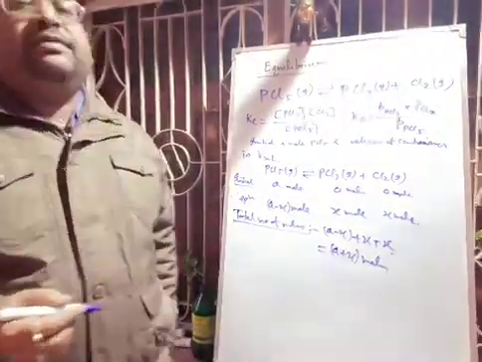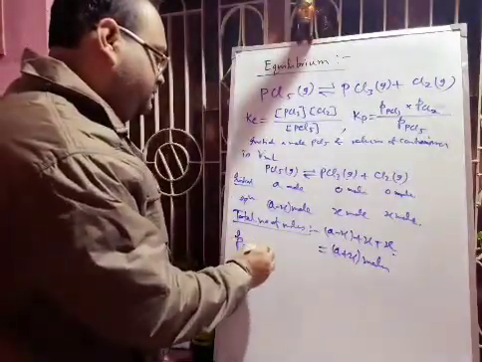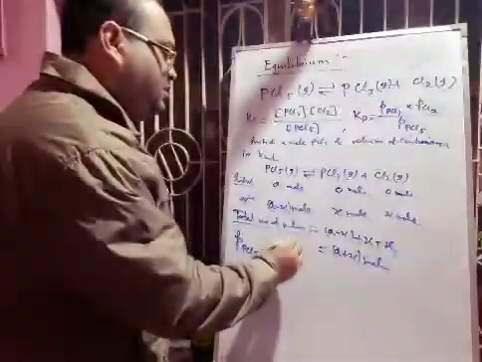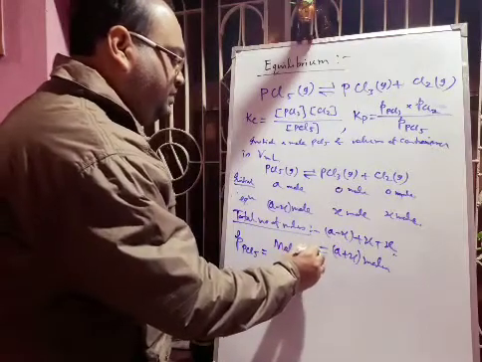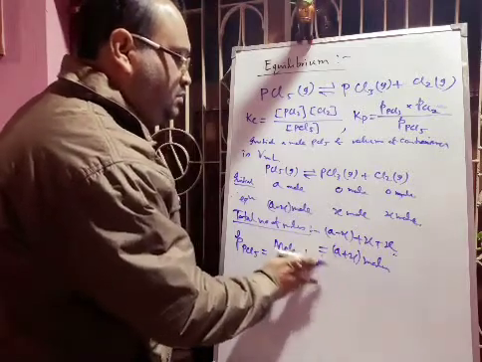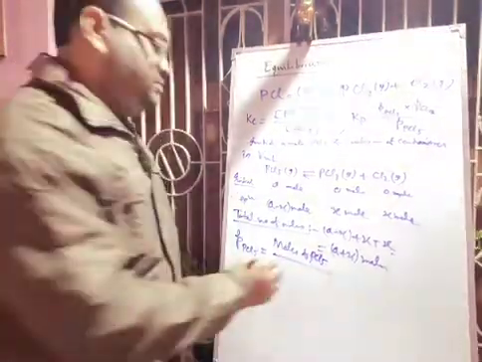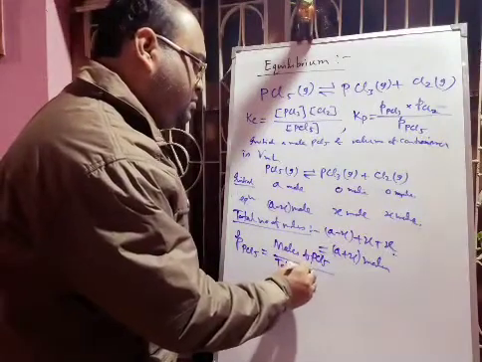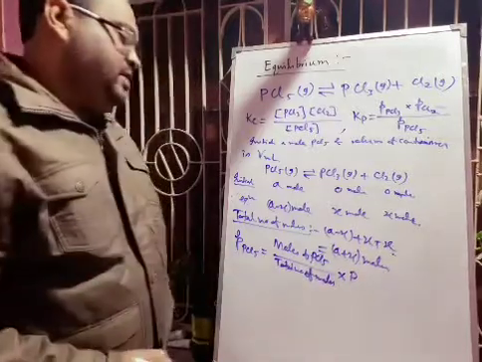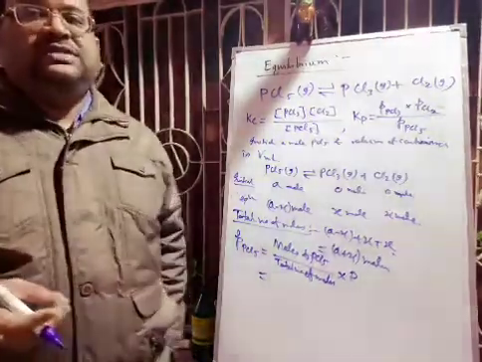Now we will calculate the partial pressure of PCl5. The pressure of PCl5 is equal to the mole fraction, that means moles of PCl5 by total number of moles, into the total pressure, that is P. So what is the moles of PCl5?